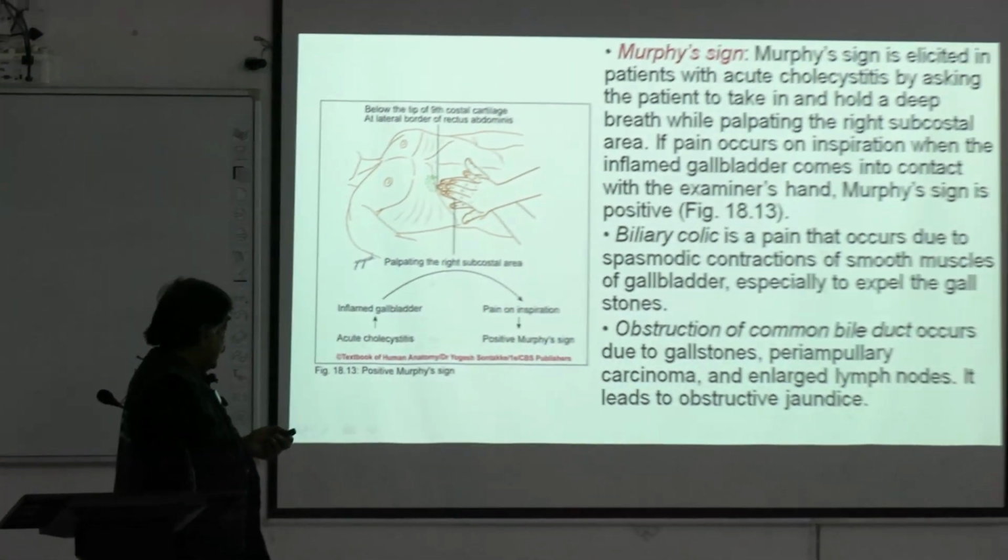So that's how Murphy discovered it, as a patient he was admitted for surgery in London hospital, and even when suffering from agonizing pain, he still said, what is the problem with my tummy? That's why it's known as Murphy's sign.